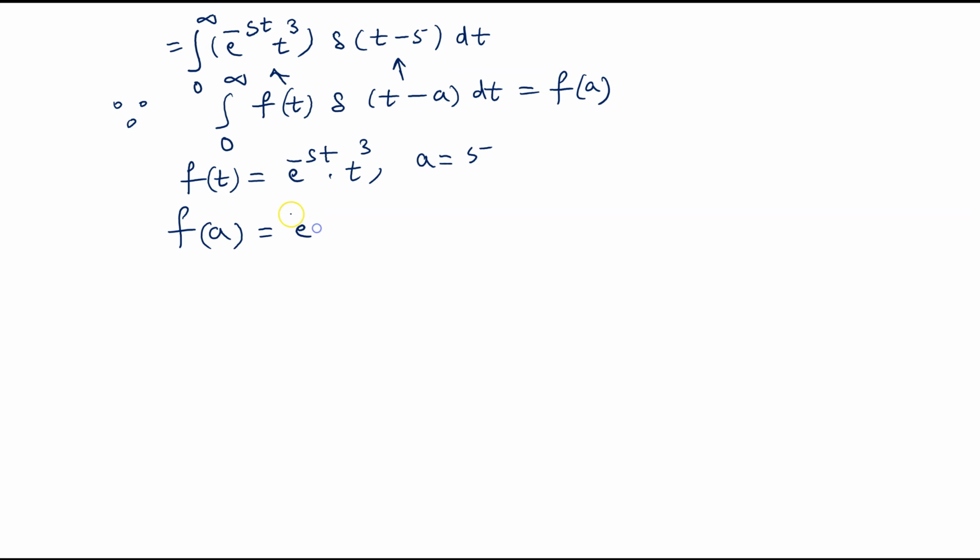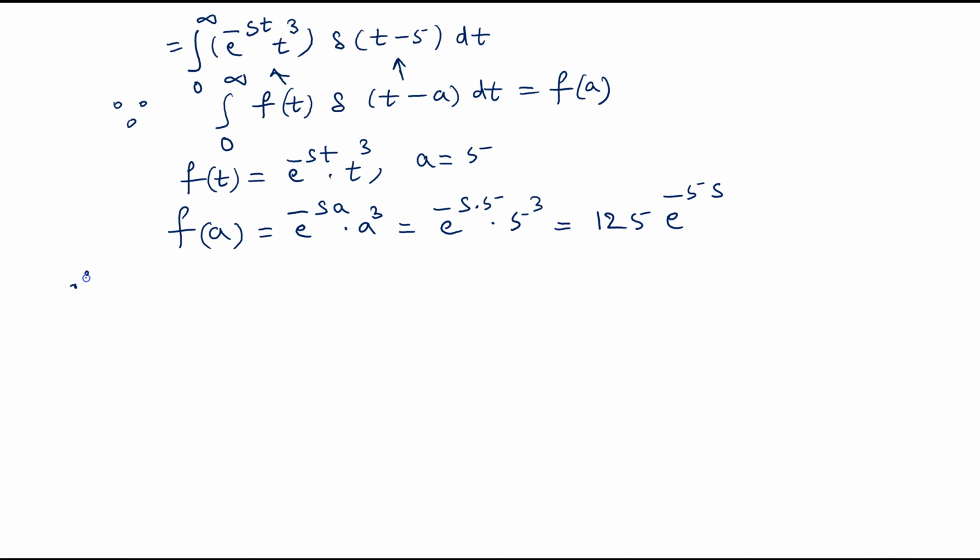Then you get e power minus sa into a cube, which is equal to e power minus s into 5, into 5 cube, which is equal to 5 cube is 125 into e power minus 5s.